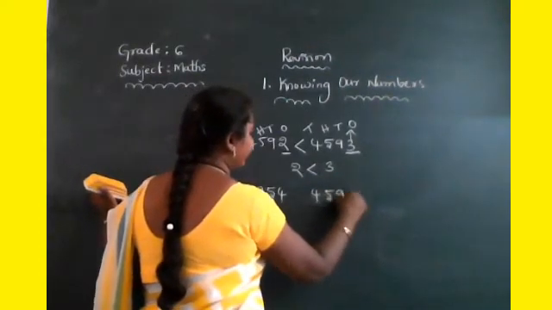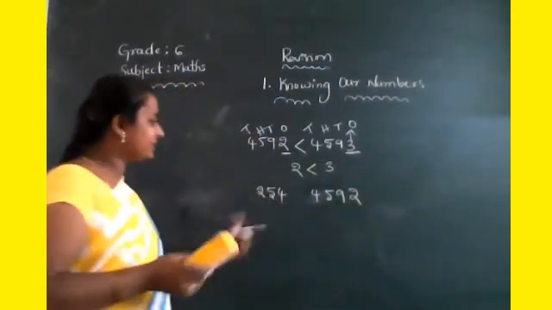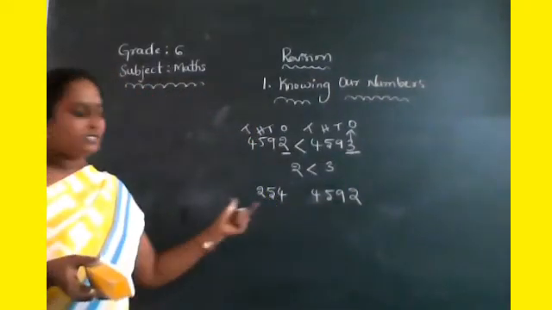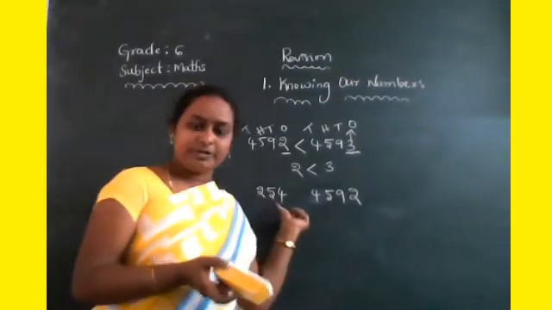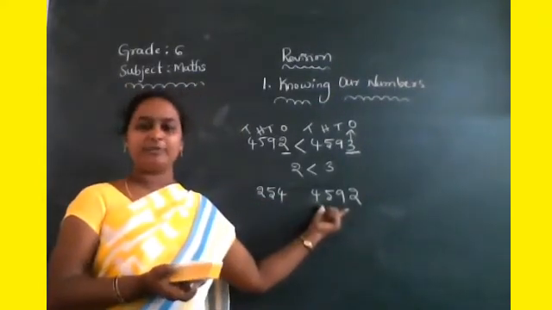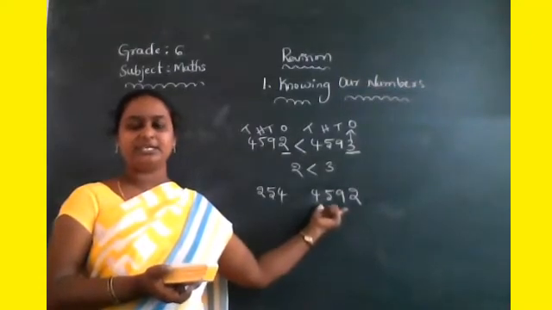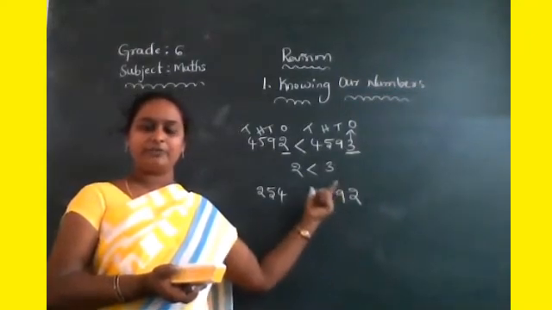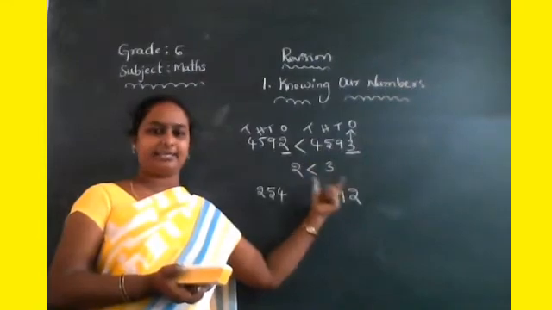Okay. Next, 4592 and 254. Say which one is greater here? Before going to compare, observe how many digits the number contains. Digits means 0, 1, 2, 3, 4, 5, 6, 7, 8, 9.